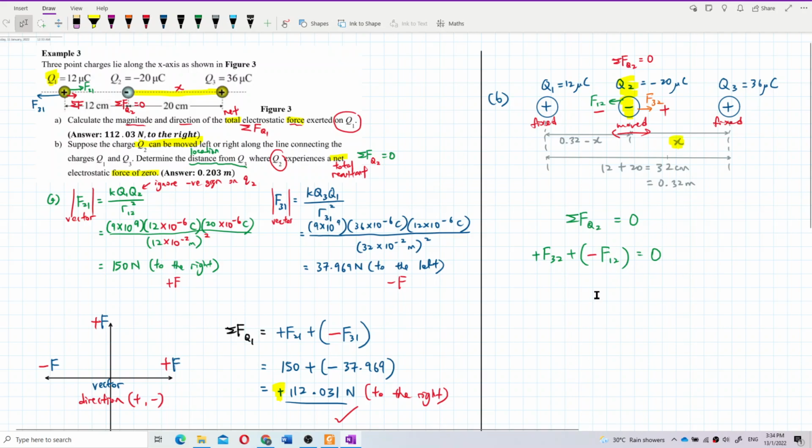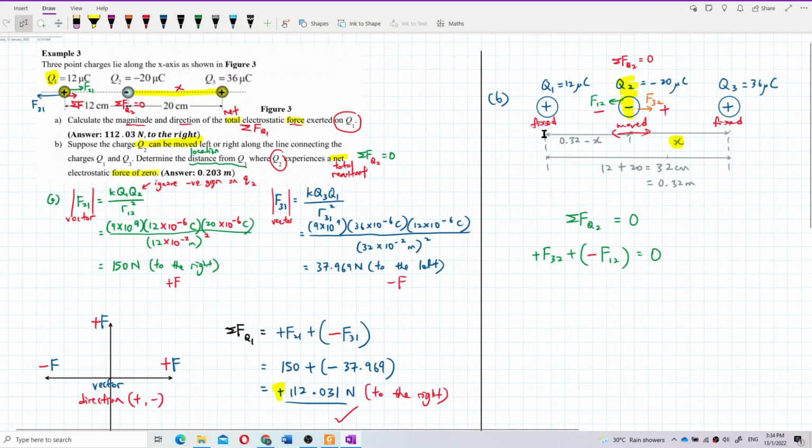Look here. The distance from Q2 to Q3 is x. Q1 to Q3 is 32 cm, which in SI units is 0.32 meter, divided by 100. So the distance between 1 and 2 is the long one minus the short one, which is 0.32 minus x.